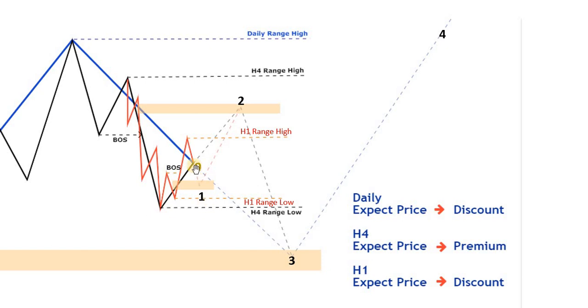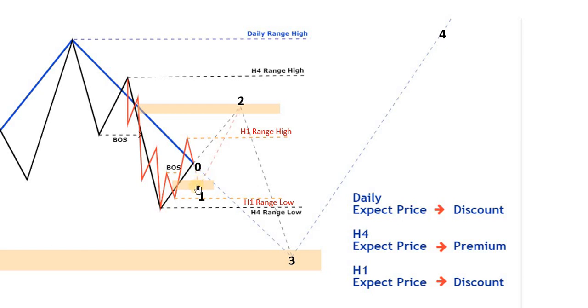Like we said initially, it is best for us to wait for price to get to the discount level of the 1 hour trading range, and from there we can look for a break of structure or possibly a distribution schematic.